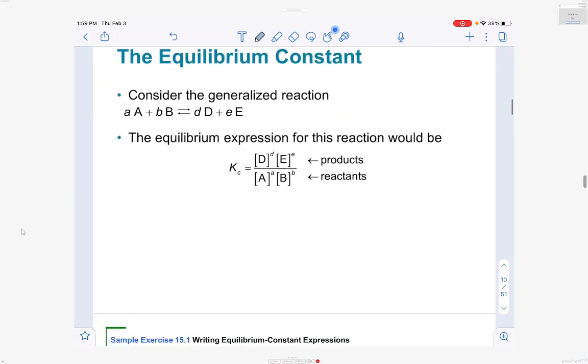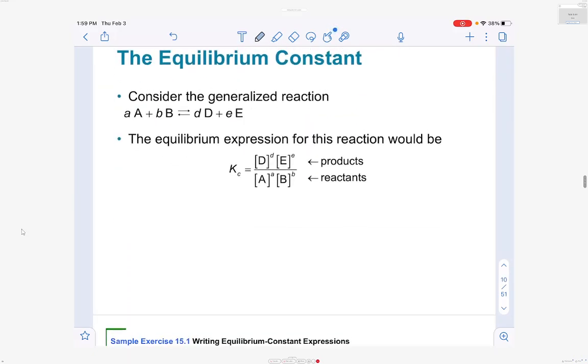So now let's take a deeper look at the equation for the equilibrium constant Kc. Here's a general formula of how to find the equilibrium constant Kc.